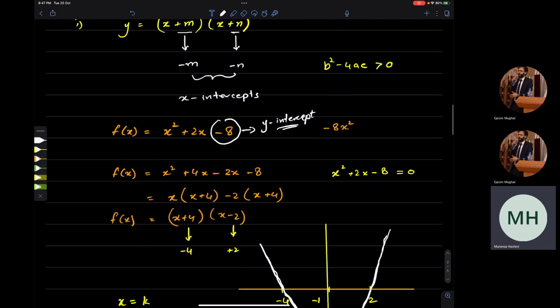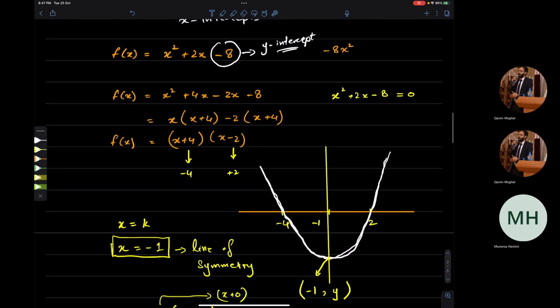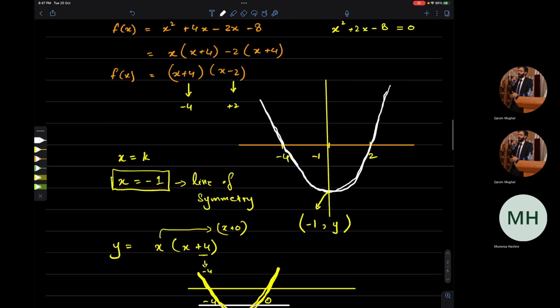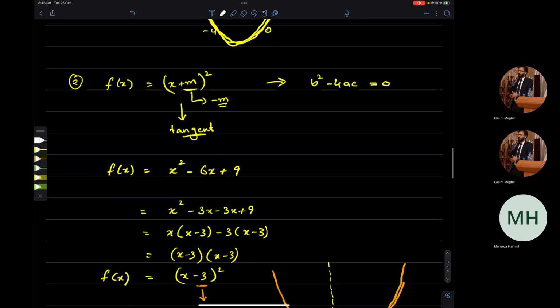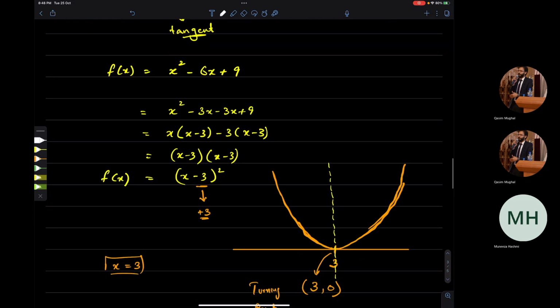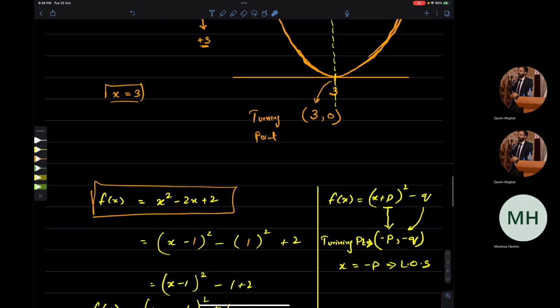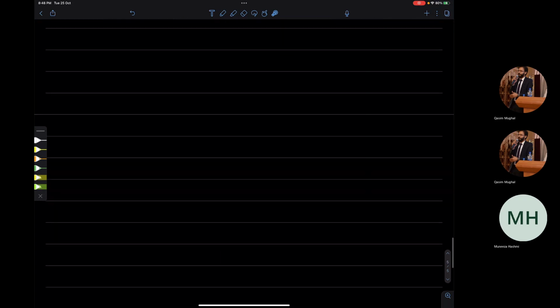If you have the factor form and you want to get the y-intercept, simply multiply the factors. And if you have this form like this, take the square of this, and you will have the y-intercept. So this is how you're going to get the y-intercepts.